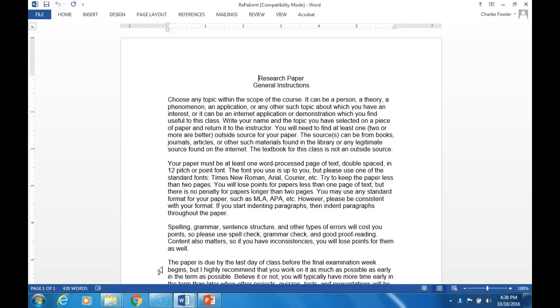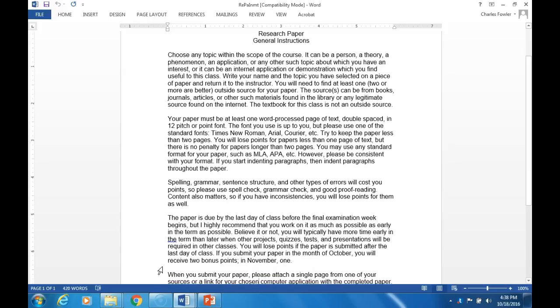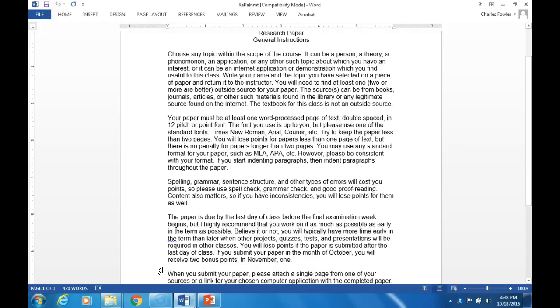Okay? Now, your paper must be at least one word processor page of text. What do I mean by that? This is a word processor page, and this isn't one complete page. I'll get to it later. A lot of you are going to use some format you learned in English class or high school. Quite often they'll have the header at the top and something here and there, and somewhere down the page you'll finally get to the title.